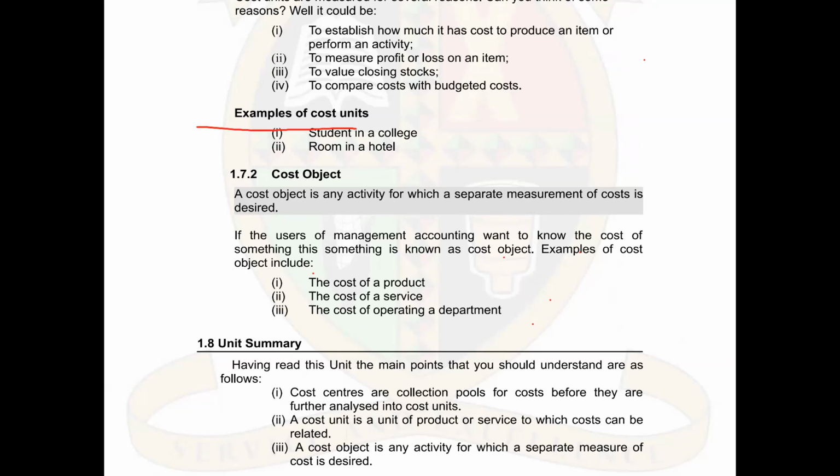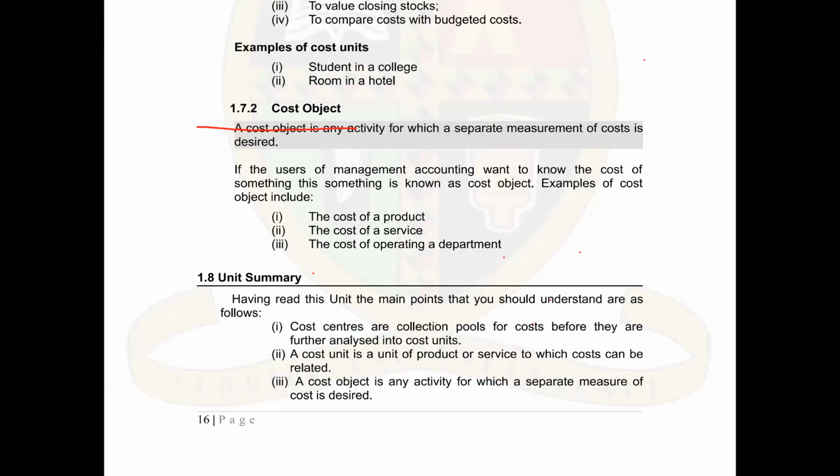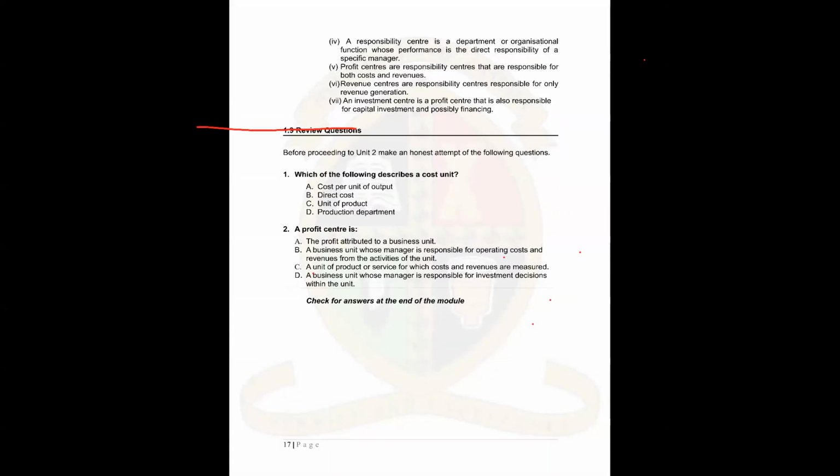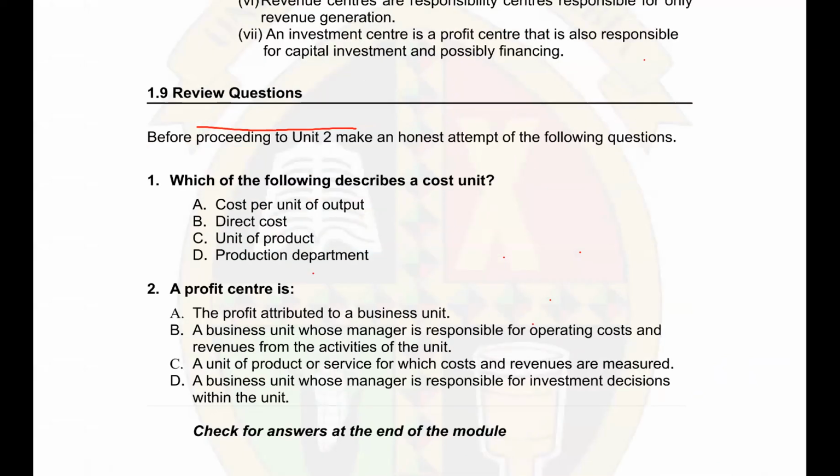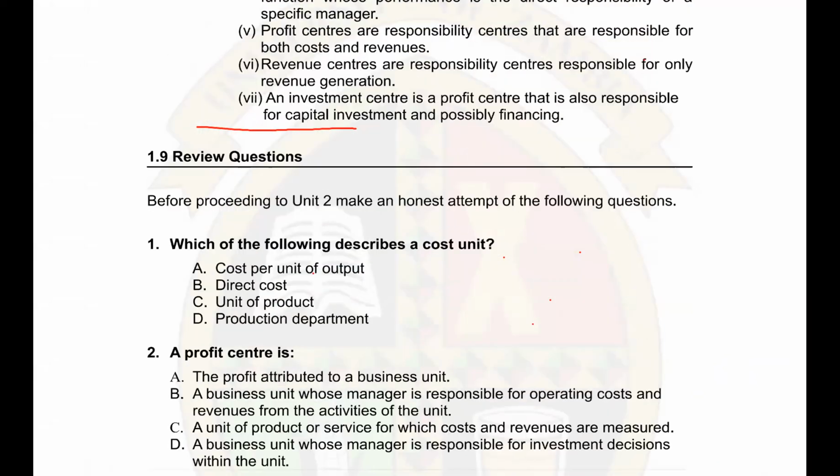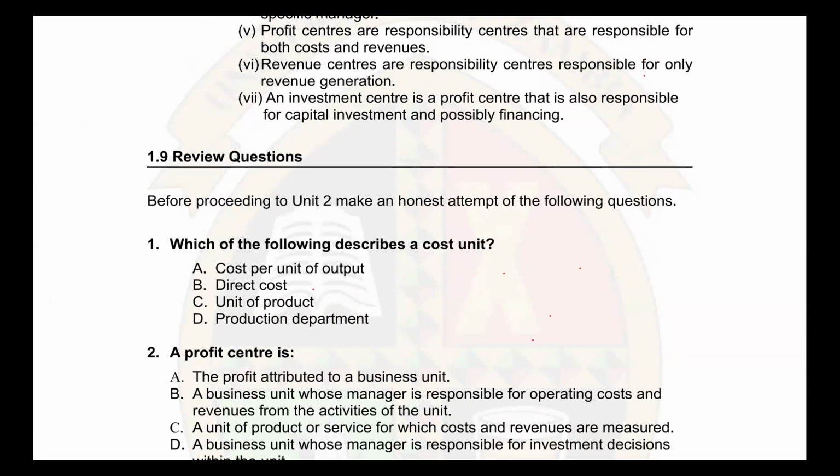For example, let's say you are selling computers. If you want to understand the cost of selling those computers, then it means that your cost object will be those computers.